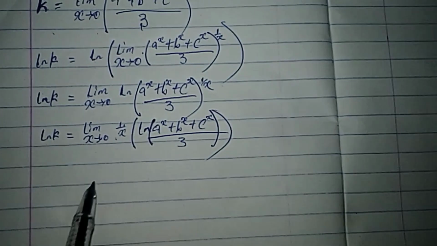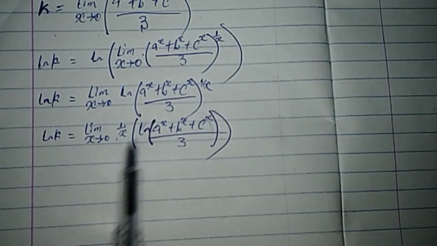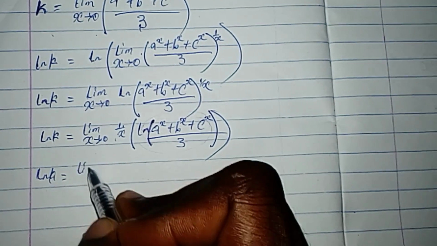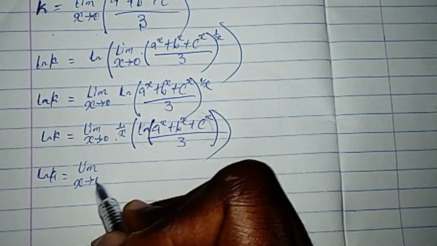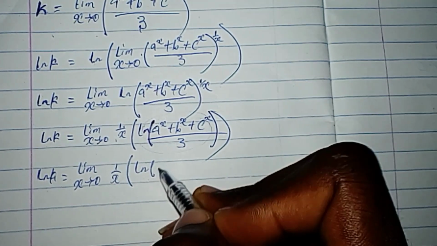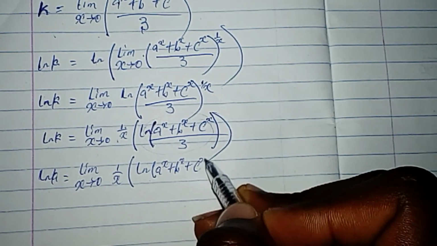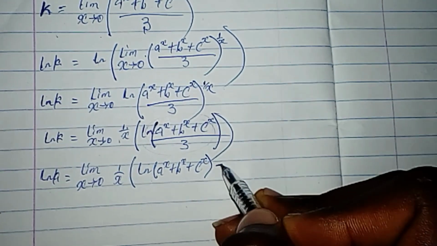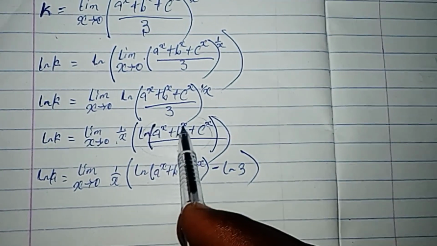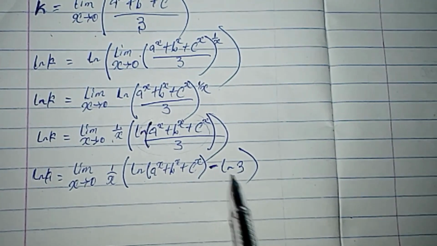Fine, we still have an undefined character here, but we can simplify the one in the bracket into something nice. ln k is equal to the limit as x approaches 0 of 1 over x into bracket ln of (a to the x plus b to the x plus c to the x) minus ln 3. This is possible according to logarithm: when the input divides, you can split it like this with a subtraction sign.